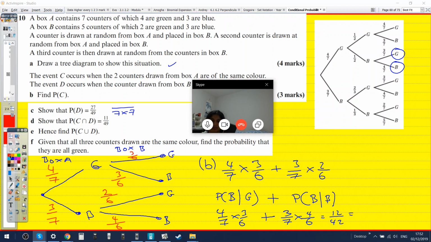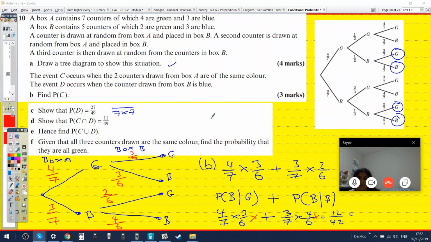We have to see it all the way through, so we have to times each of those by the end as well. But I need blue, so why would you need to do the green ones? Let me just check. So this initially is box A, isn't it? And then those are both box B.